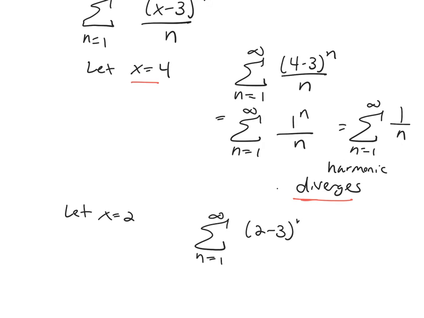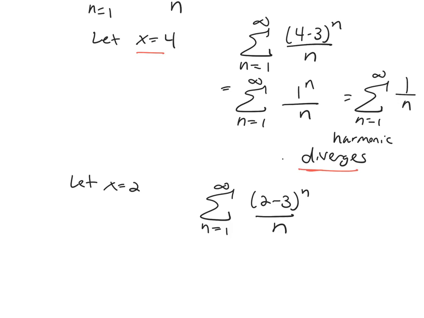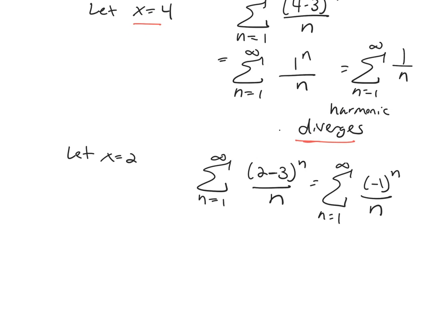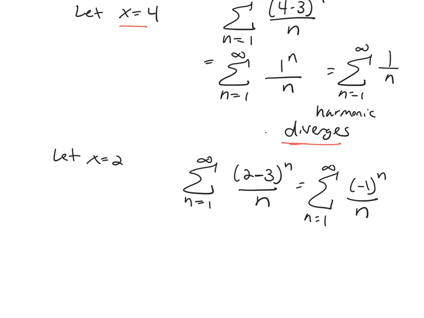Two minus 3 to the n over n. Okay, well, I can simplify that. I get -1 to the n over n. You need to know if that converges or diverges, so maybe we need a test.